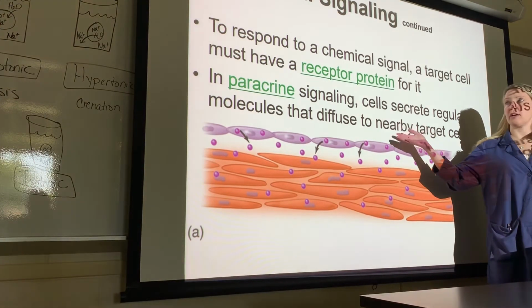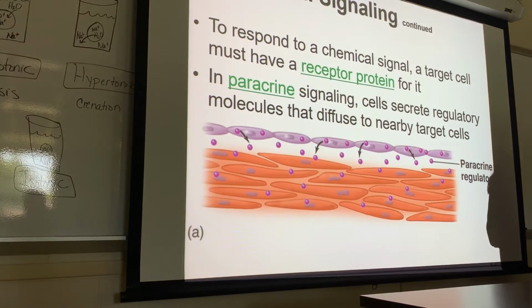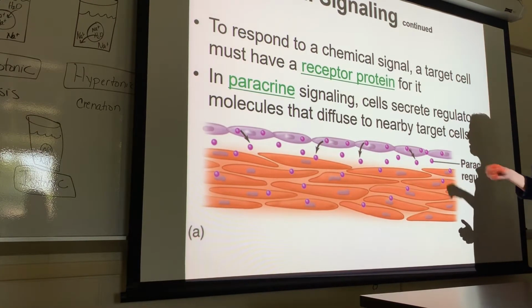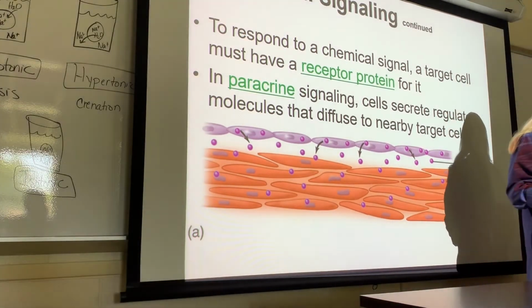In the endocrine system, we have paracrine signaling, which is where cells secrete regulatory molecules that travel a short distance to a target cell. An example of this would be what happens in the digestive tract.